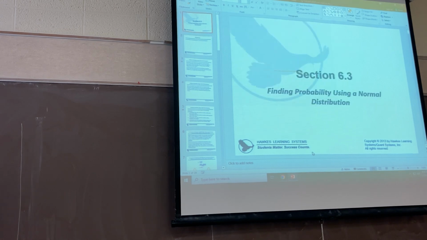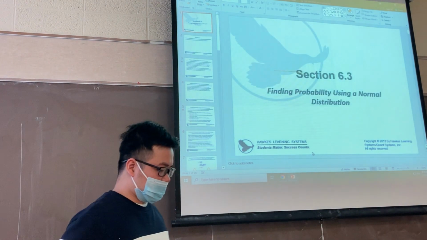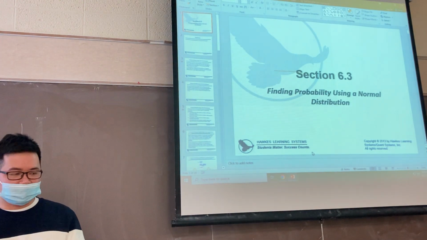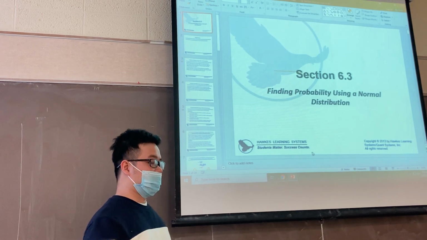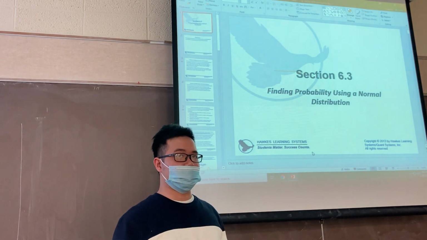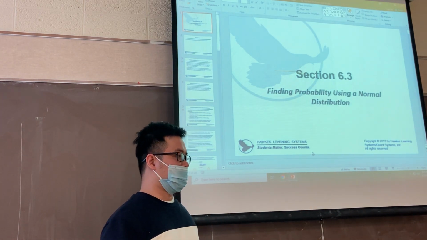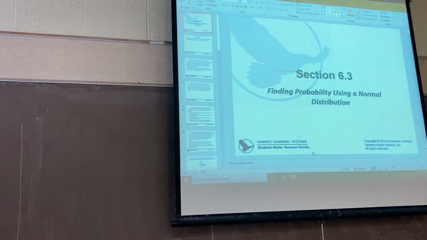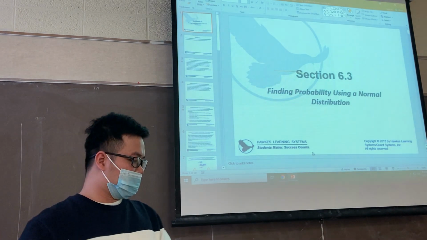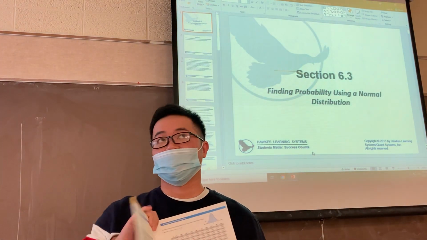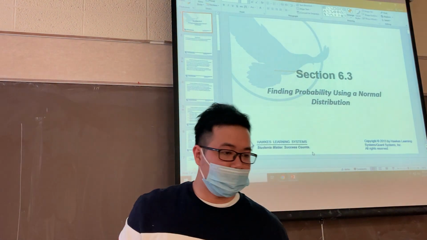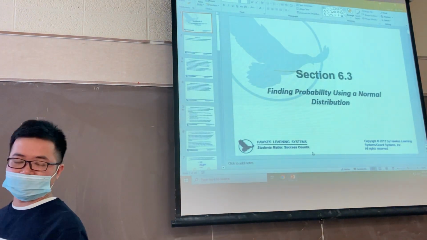So in the last class we learned how to calculate the probabilities of the standard normal distribution using the table. I hope you have the table in hand; when you buy the book, you will have the table. It is very useful for calculating probabilities of the normal distribution.